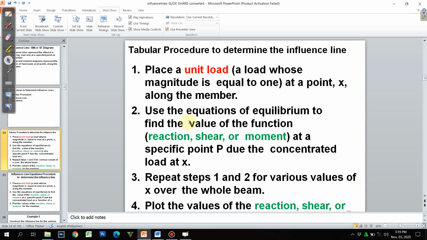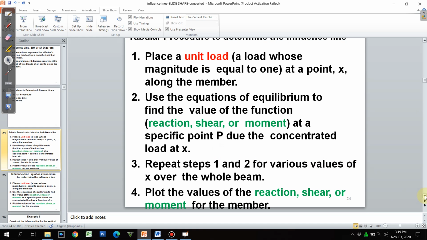Then use the equations of equilibrium to find the value of the function, whether it is a reaction, shear, or moment at a specific point due to the concentrated load at x. Repeat steps 1 and 2 for various values of x over the whole beam. Then we plot the values of the reaction, shear, or moment for the member.